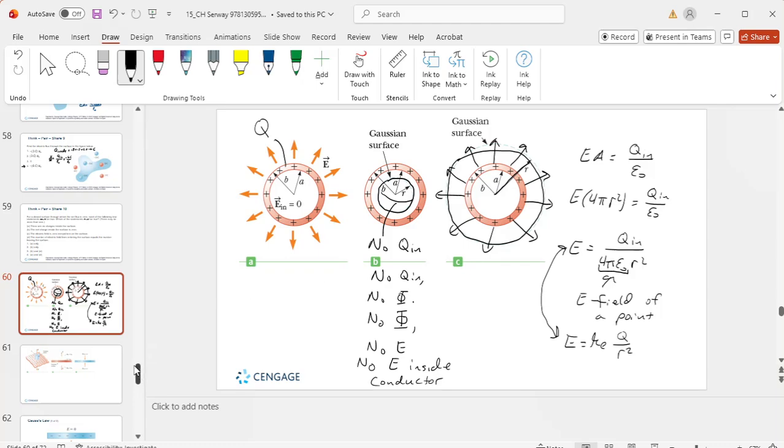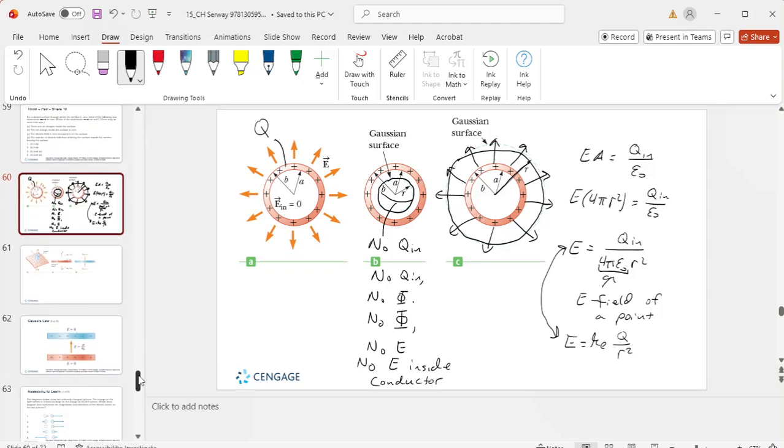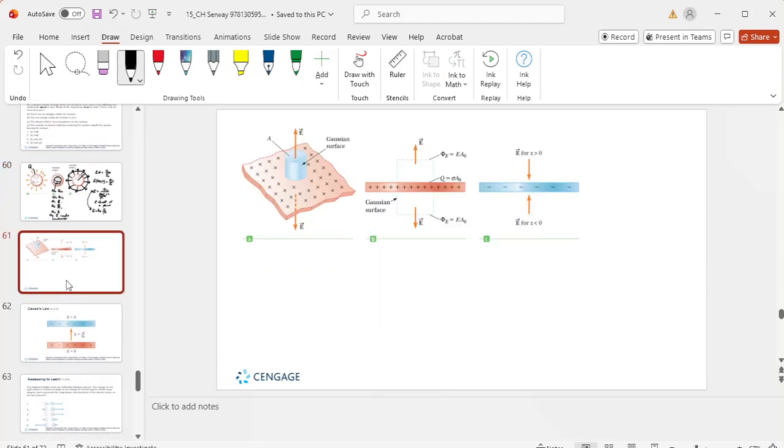Now, another type of surface for which Gauss's law is easily calculable is the sheet of charge. Okay? So think of like a long sheet of aluminum foil, for example. Now, if I have a sheet of charge, and let me look at this kind of edge on instead of more face on. Okay?